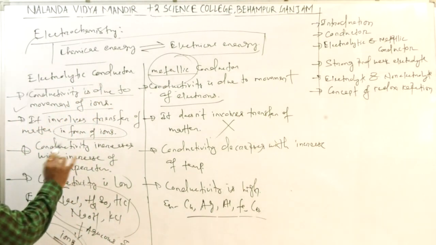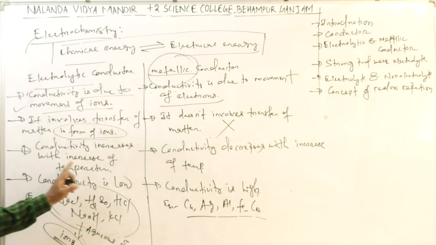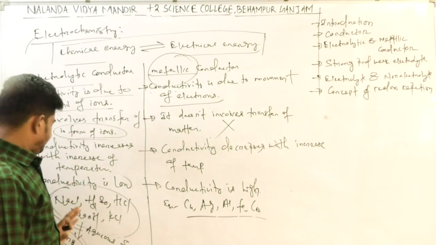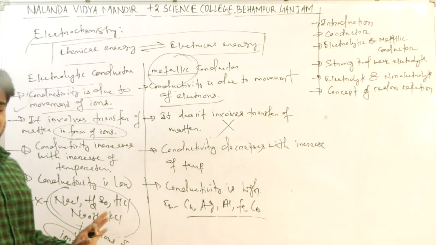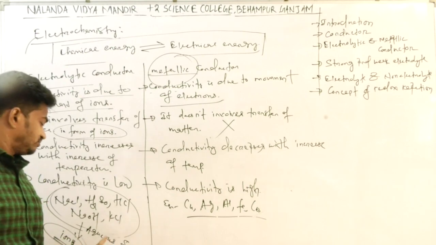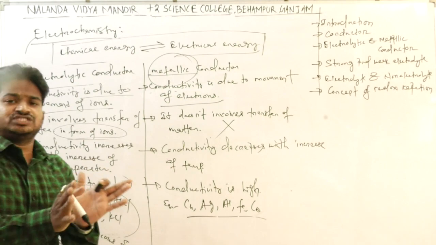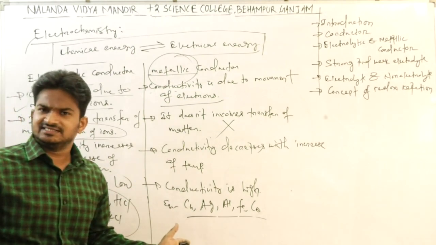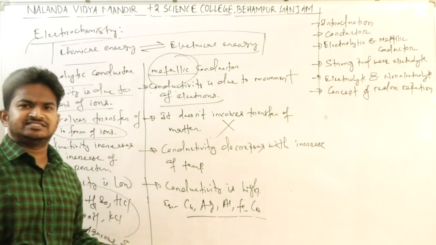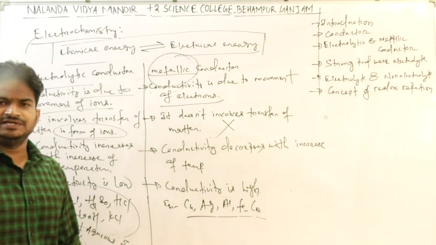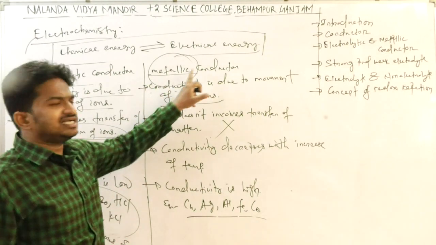Conductivity increases with increase of temperature in an electrolyte. When the temperature is increased in an aqueous electrolytic solution, the dissociation rapidly increases, and due to increased dissociation, conductivity increases. But in a metallic conductor, take a piece of iron with some free electrons.